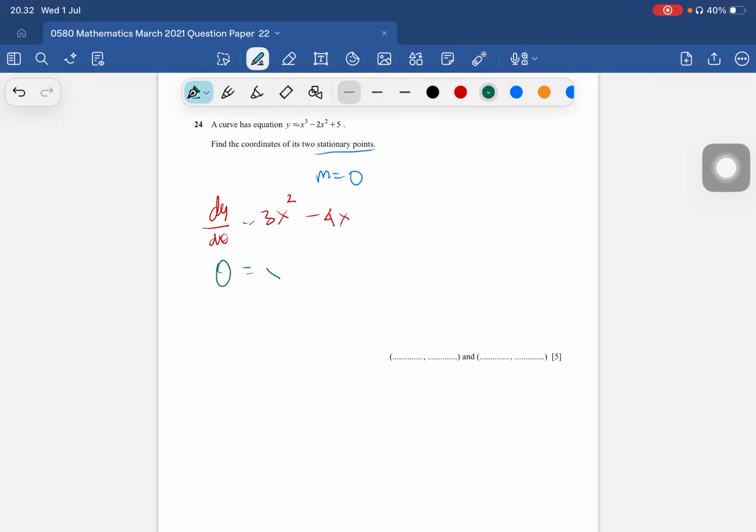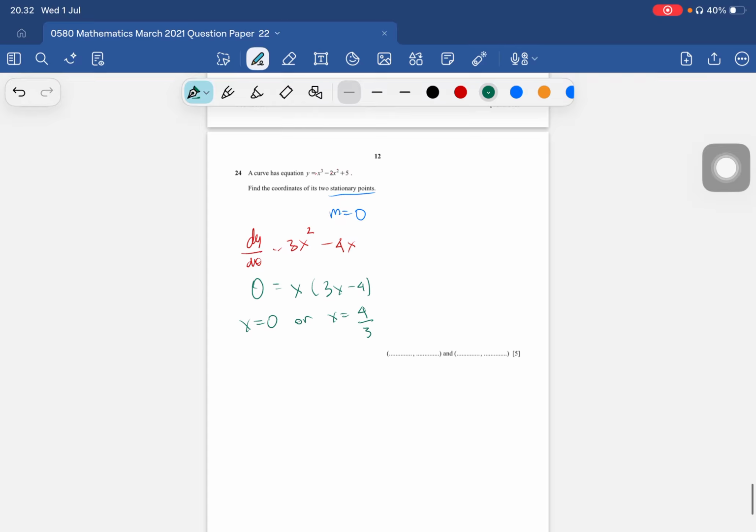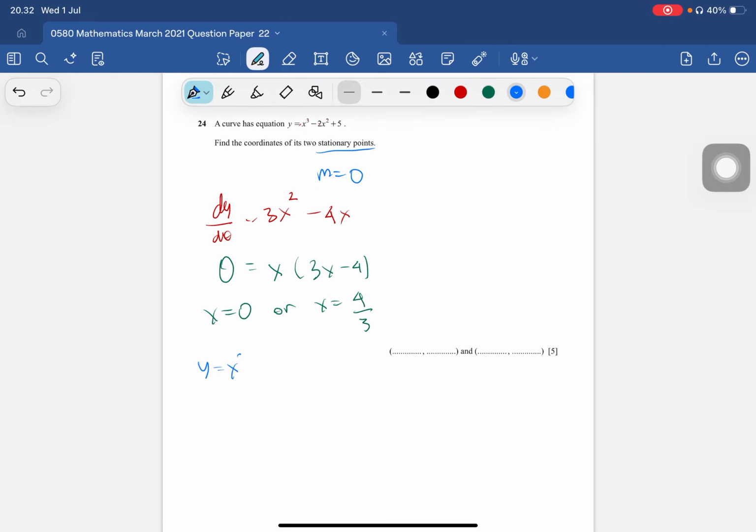So this x, here is 3x minus 4. So you get x equals 0, or x equals 4 over 3. We can substitute to get the value of y. So y equals x cubed minus 2x squared plus 5. When x is 0, you get 5.